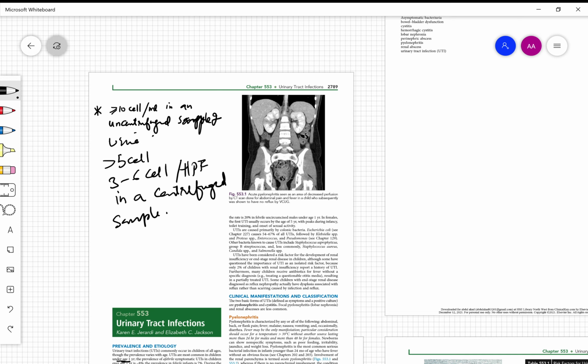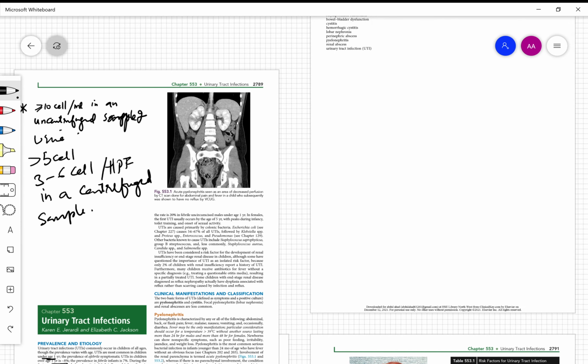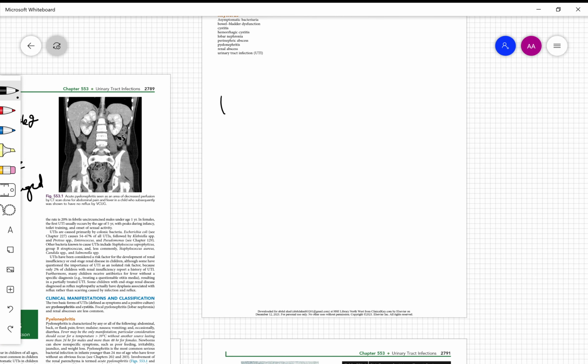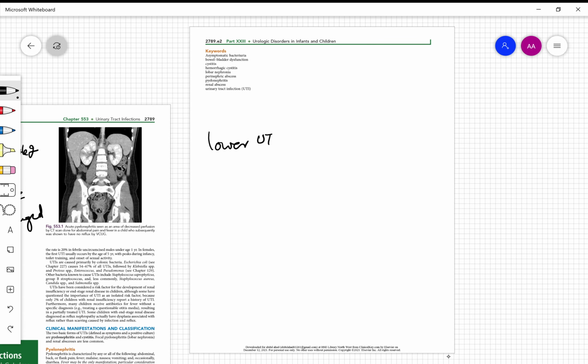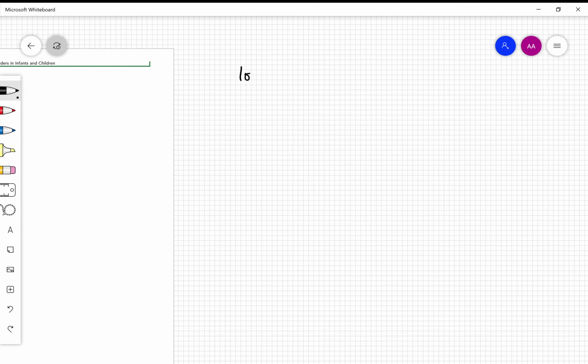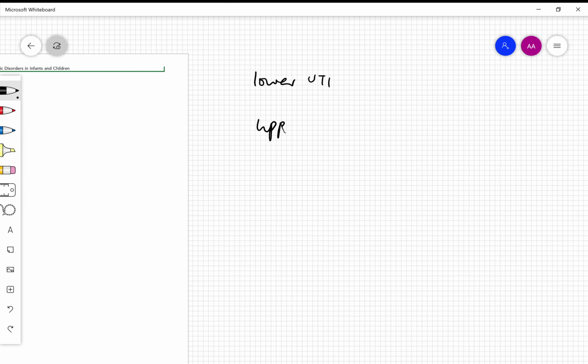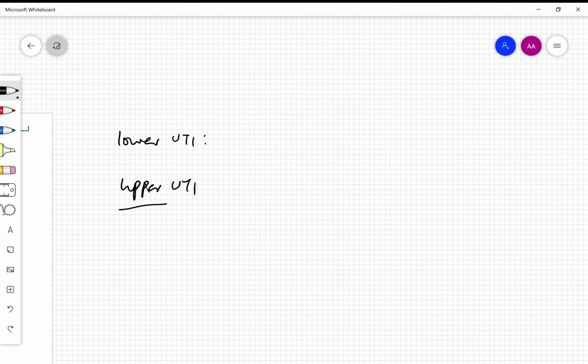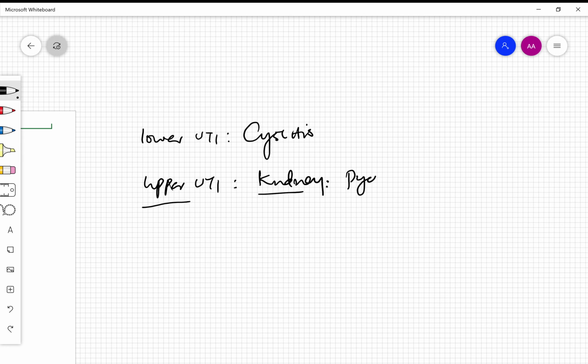Similarly, we also classify UTI on the basis of lower UTI versus upper UTI. Lower UTI, normally we call it cystitis, and if it involves the kidney, we call it upper UTI or pyelonephritis.